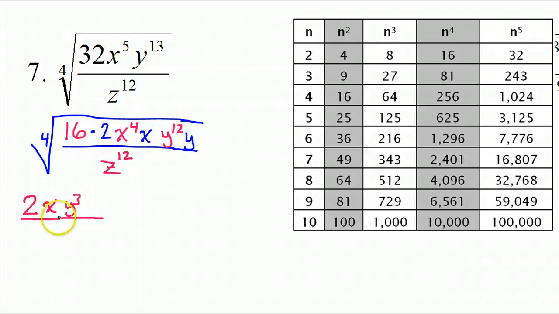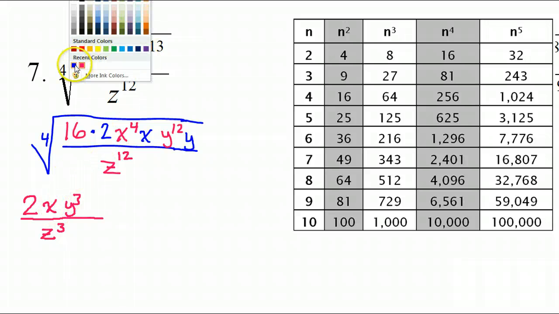And in the same way, z to the 12th power will become z to the 3rd power when I bring it to the outside, because 12 divided by 4 is 3. So everything shown here in pink is coming outside of the radical and simplifying.